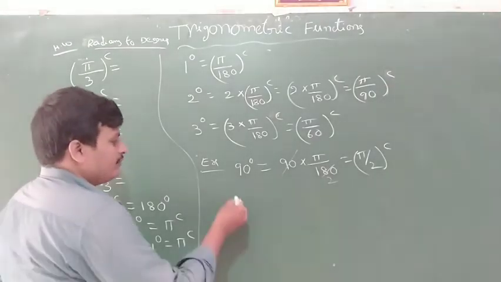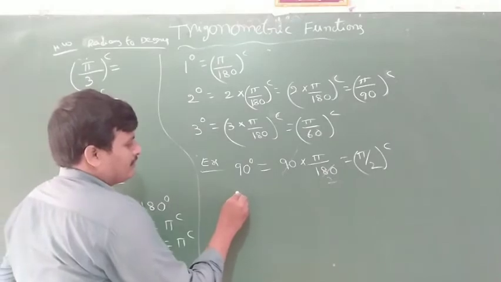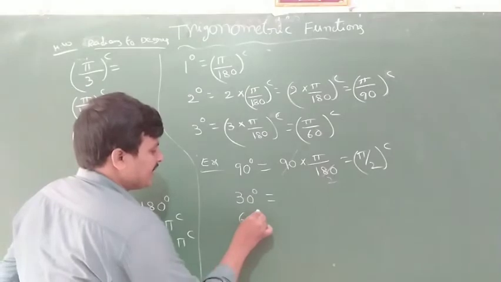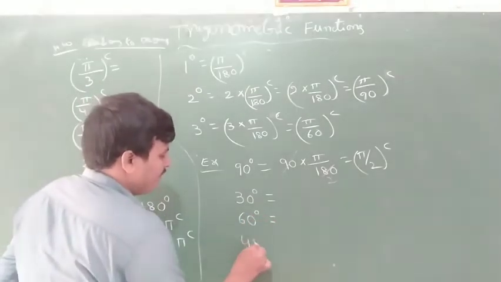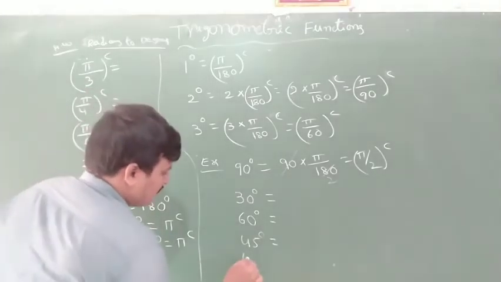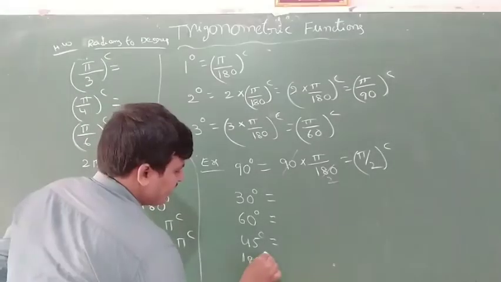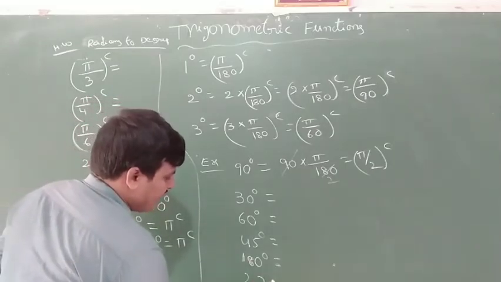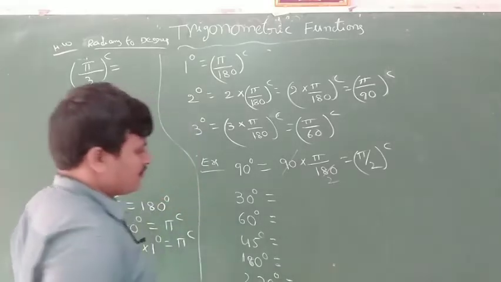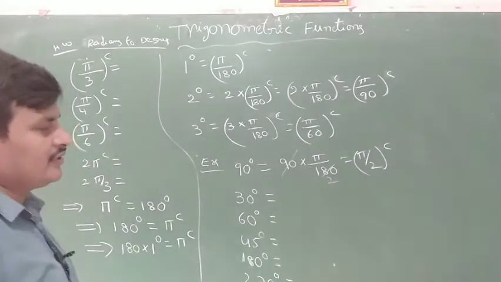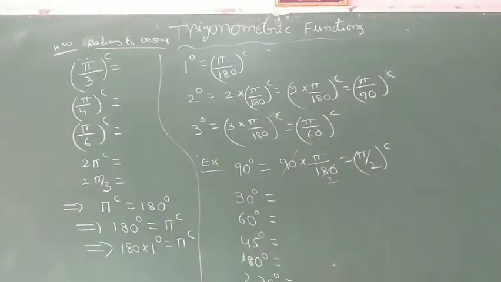At the same time, 30 degrees, 60 degrees, 45 degrees, 180 degrees, 270 degrees. The homework. How to convert? By using the formula pi by 180.